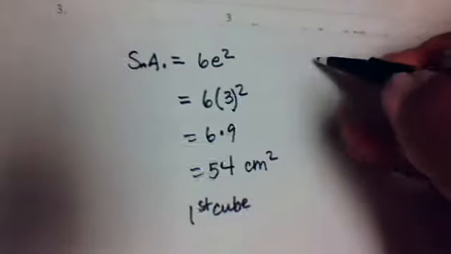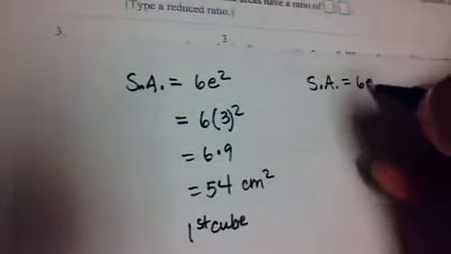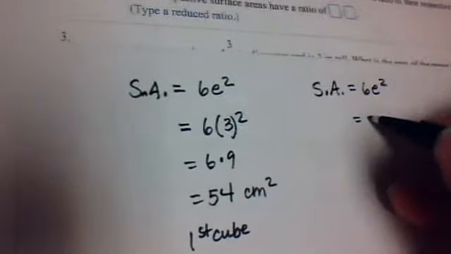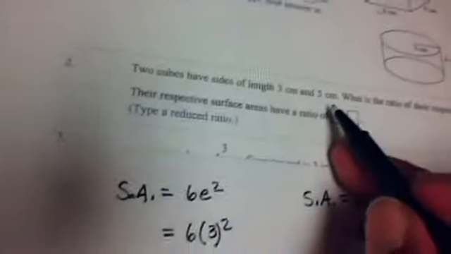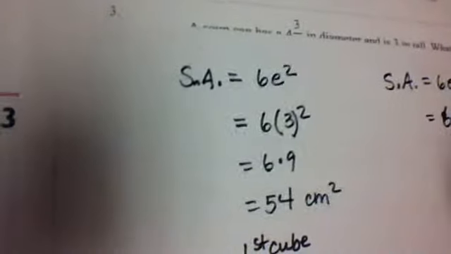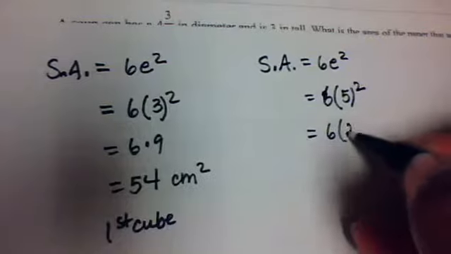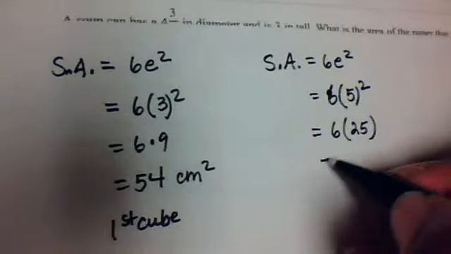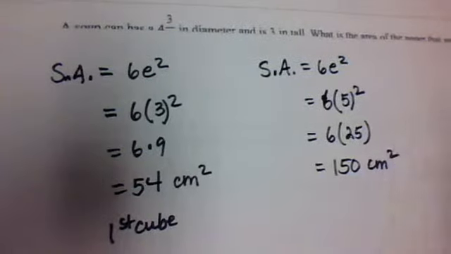Now for the second cube, we'll still use that surface area formula of 6e squared, but this time that second cube has a length of 5, so it'll be 6 times 5 squared. And then 5 squared, of course, is 25, so it'll be 6 times 25, which is 150 square centimeters.